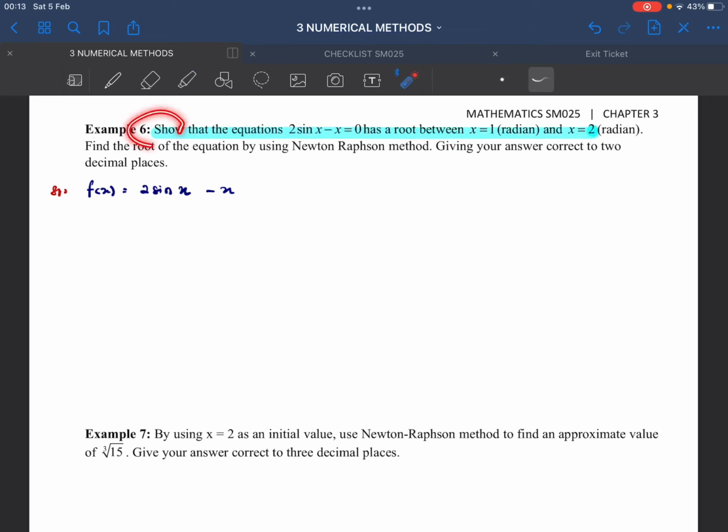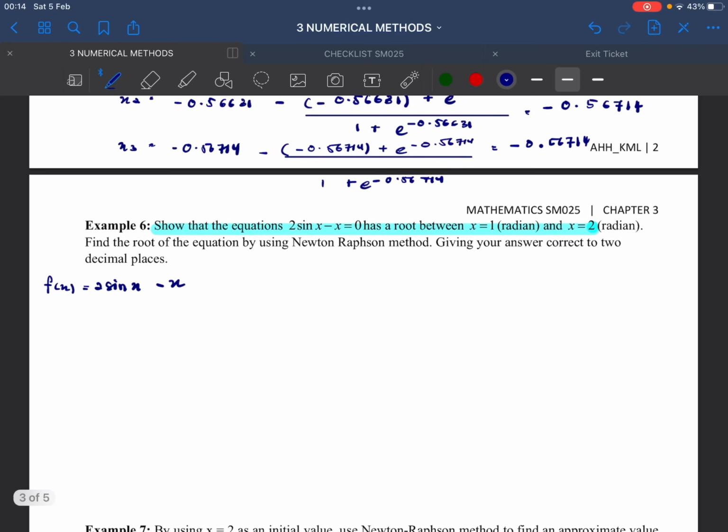Okay. Show, the keyword is show. So ini balik kepada chapter 3.1. Okay, the algebraic method. So we have to show first. So first we write our fx, which is 2 sin x minus x. And then we have to substitute the value of A and B, between the intervals. So your interval here is actually 1 and 2 lah.